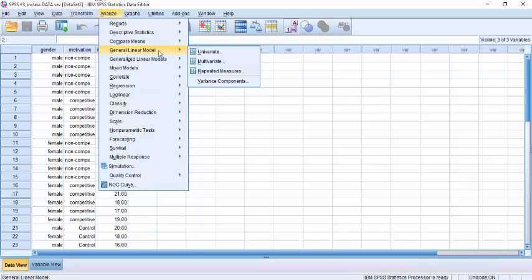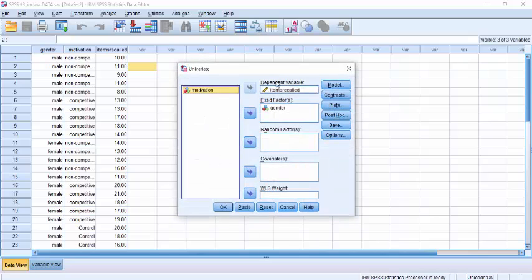Now there are a couple of ways that we can do the one-way ANOVA. The first being we go to Analyze, then Compare Means, and One-Way ANOVA. Or we can do Analyze, General Linear Model, and Univariate. Now since this is the method that we'll be using for the factorial ANOVA, we'll go ahead and use this. So Analyze, GLM, and Univariate.